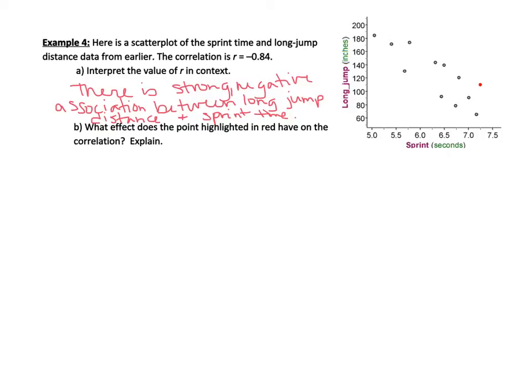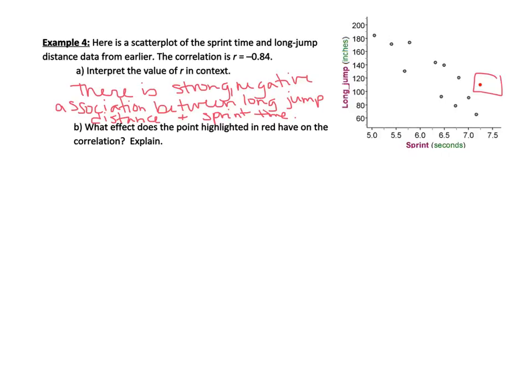The next thing that's important is sometimes you're going to see a question where they give you a point. In this case, it's this one right here in red, and we want to know what effect does it have on the correlation. So what they're looking for in that type of thing is, does that point make it stronger or does that point make it weaker? And actually that point is kind of further away from the rest of the points.